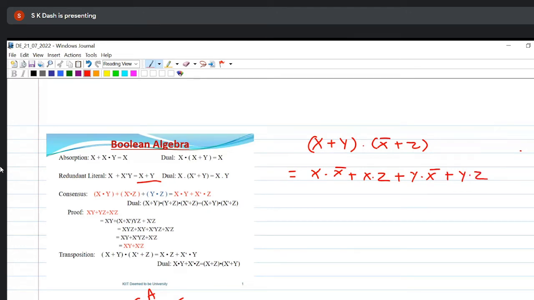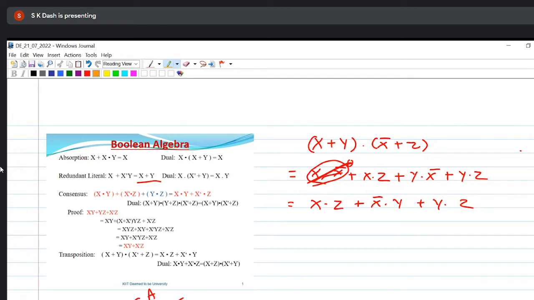Okay. So what will be x dot x bar? 0. If you add something with 0, the result will be the remaining terms only. So no need to write this. Now what remaining do we have? We have x dot z plus x bar dot y plus y dot z.